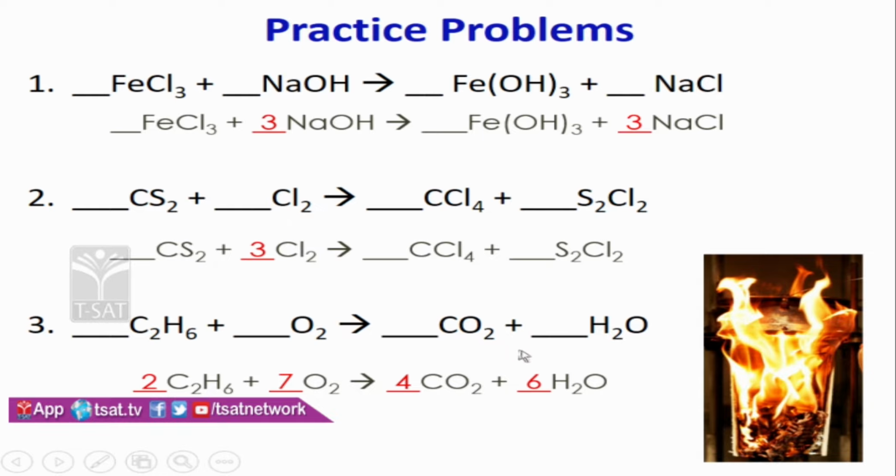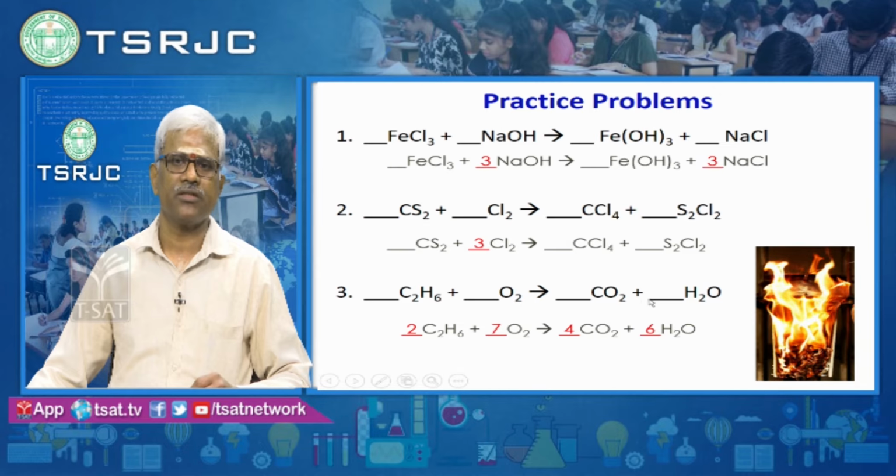Why is this so complicated? Because here oxygens are in even number. You see here oxygen is in even number. Here 2 plus 1, it is an odd number. So, to balance the even with odd, we have to change both into evens or both into odds. Generally, converting into evens will be a little bit easy. We will try to convert into the even part. So, here 3 oxygen atoms are present.